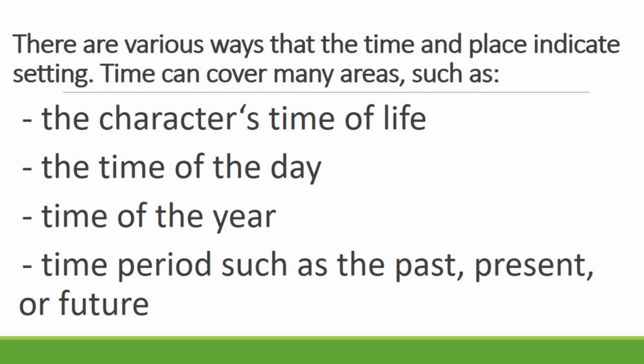The time of the day can be in the morning, in the afternoon, or in the evening. For the time of the year, it could be, for example, during winter or summer. And for the time period, it can be in the past, during the present, or in the future.